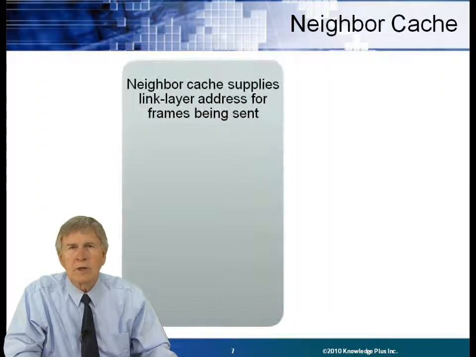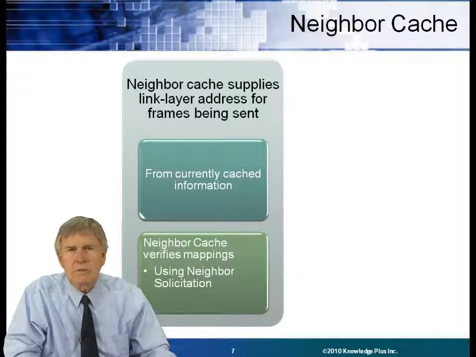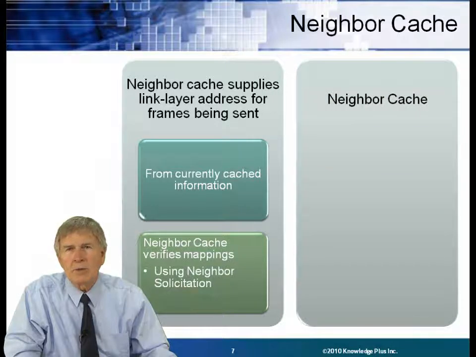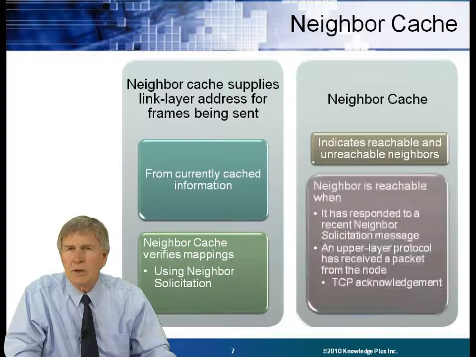So, continuing, the neighbor cache supplies link layer addresses for the frames that are being sent. And this comes from either currently cached information, or we can verify the mappings using the neighbor solicitation that we talked about in previous modules. The neighbor cache, as here indicates, reachable and unreachable neighbors.